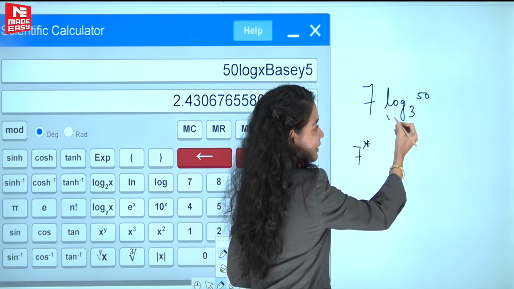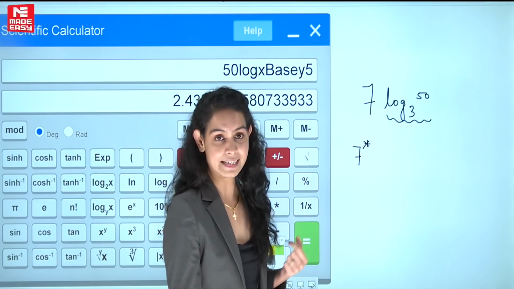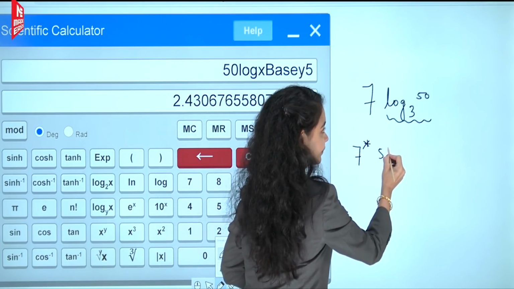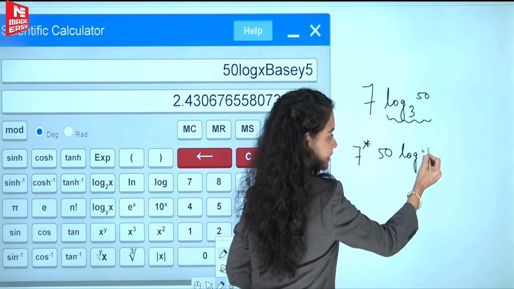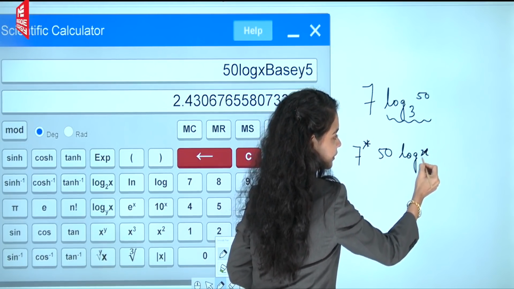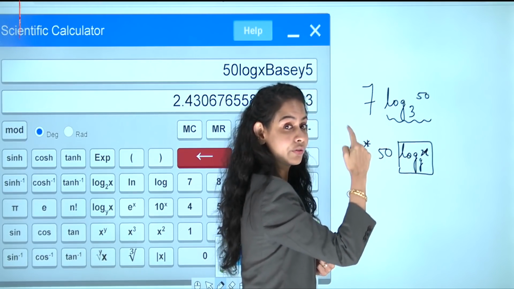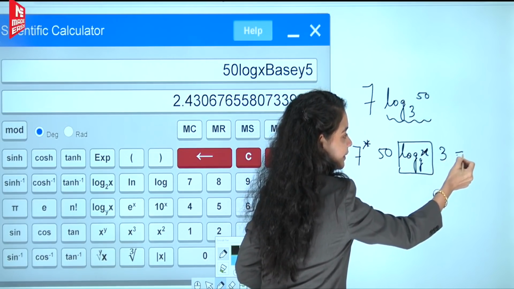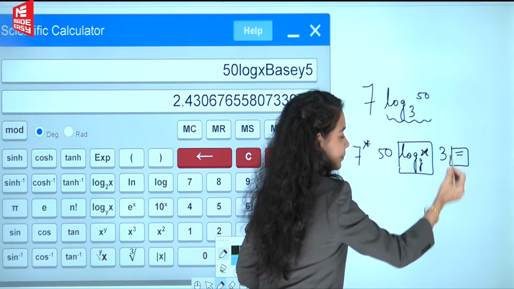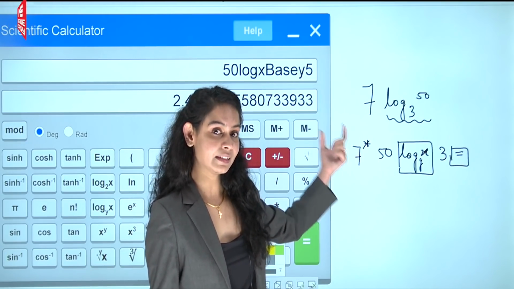Again, you have to enter the value of 50 first because that's our x here. So 50. Then the function tab, that is log x to the base y, and then the value of y, that is 3, and then press equal to.